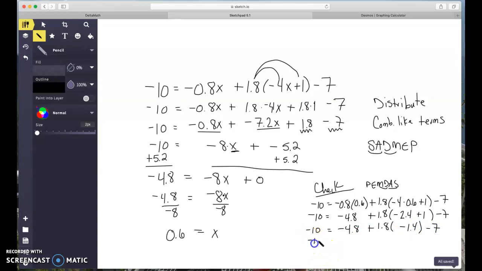And then now I'm going to multiply 1.8 times negative 1.4, and that gives me negative 2.52.